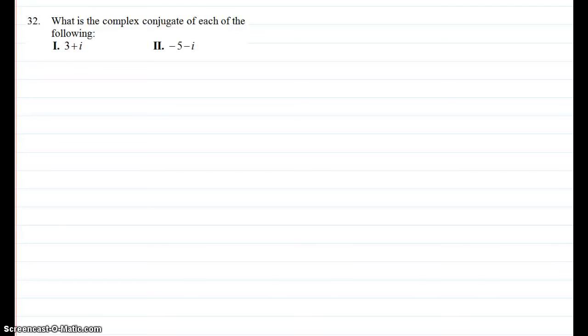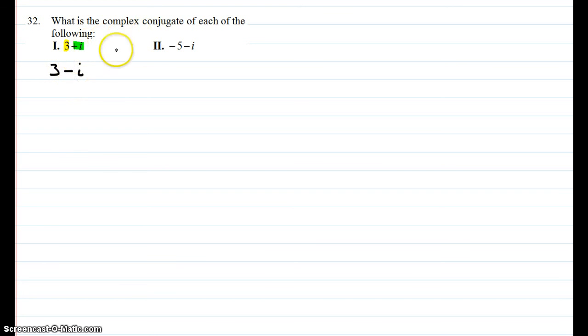Alright, for 32, what is the complex conjugate of each of the following? The complex conjugate: the first number stays the same, and for the second we take the opposite. So the 3 stays the same, and the opposite of positive i is minus i.